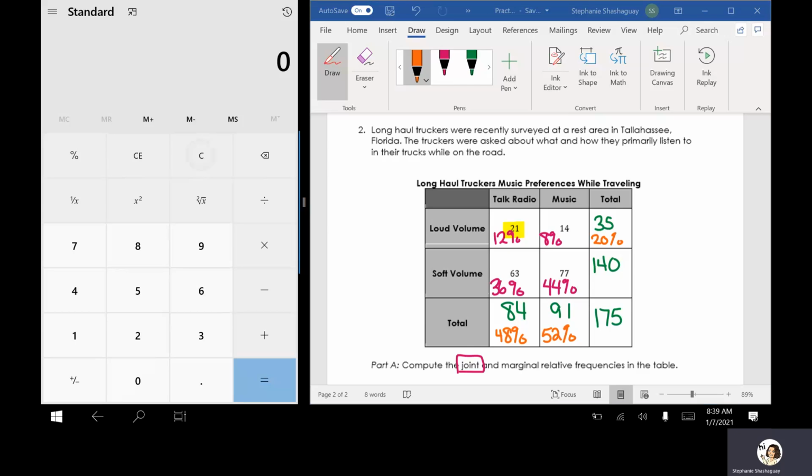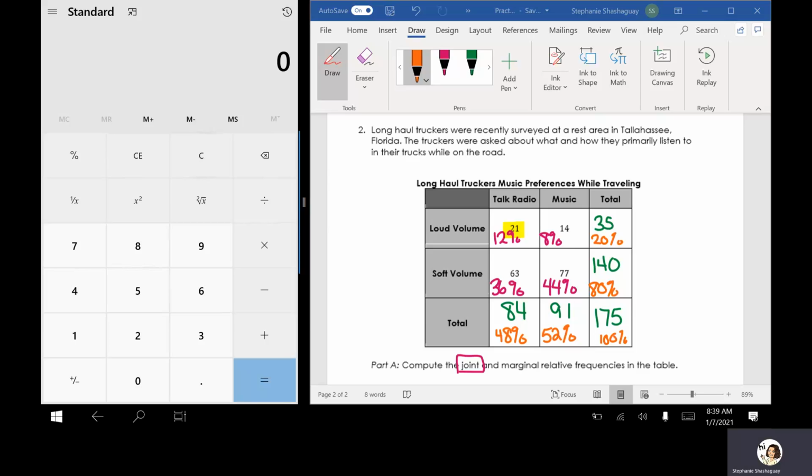And then finally, the number of truckers that listen to the soft volume is 140, and we divide that by 175 and then multiply by 100, and we get 80%. Okay, our final relative frequency here is going to be 100% because 175 divided by 175 is 100%.